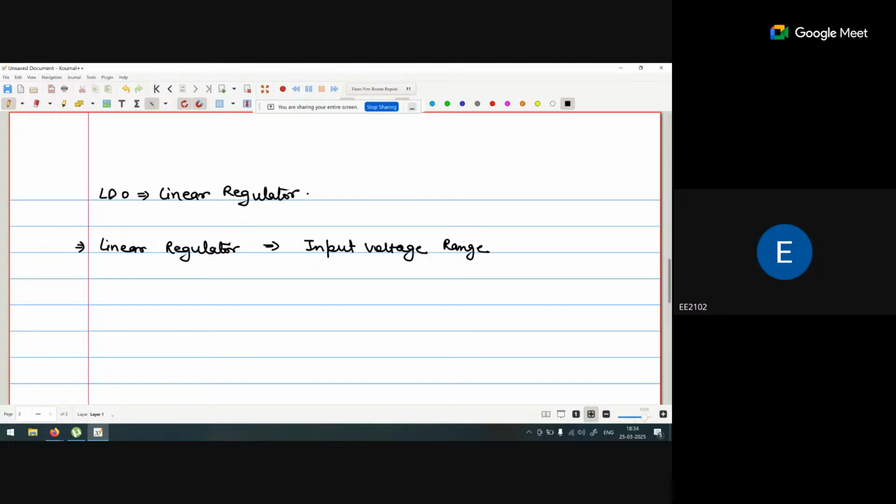Second is typical output voltage. Third is output voltage range.